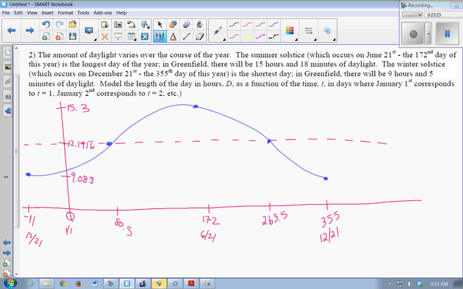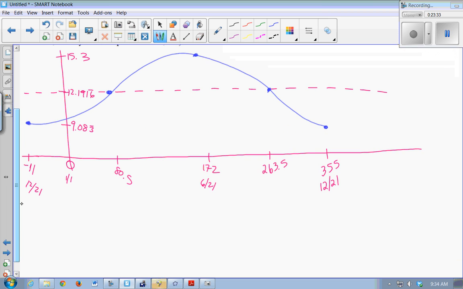All right, so I'm supposed to model this thing. I need to come up with a formula, one using cosine and one using sine. Based on what I've drawn, I immediately want to use cosine first. I started at a low and finished at a low, which means cosine. When you start at the middle, I tend to use sine.